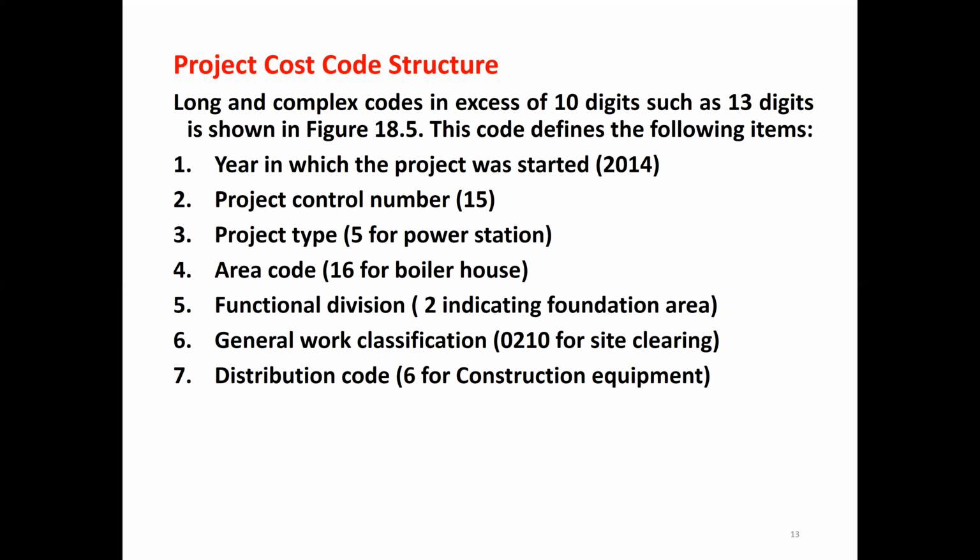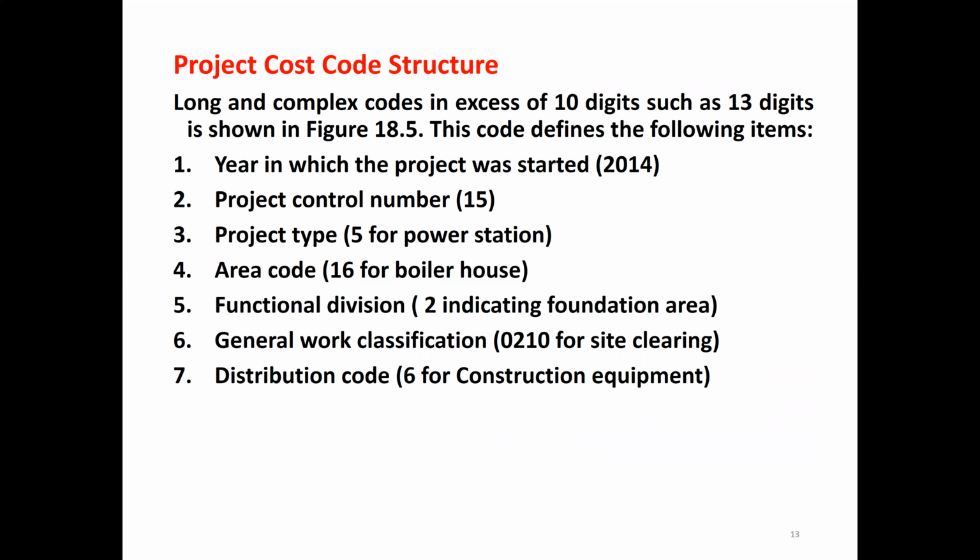This code defines the following items: the year in which the project was started, project control number 15, project type 5 for the power station, area code 16 for the boiler house, and functional division 2 indicating the foundation area.